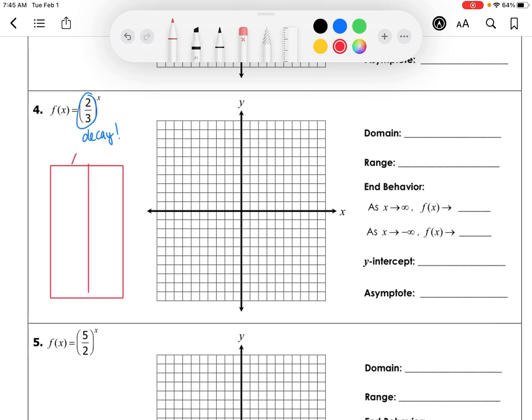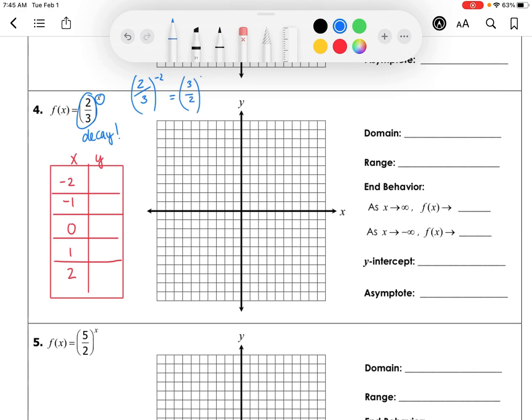I like always plugging in some negative values. I love plugging in 0 and a couple positive values. And we're going to plug that into our function for x right here. Now 2/3 raised to the -2 power. If you can't do that in your head, remember the negative power means we flip it.